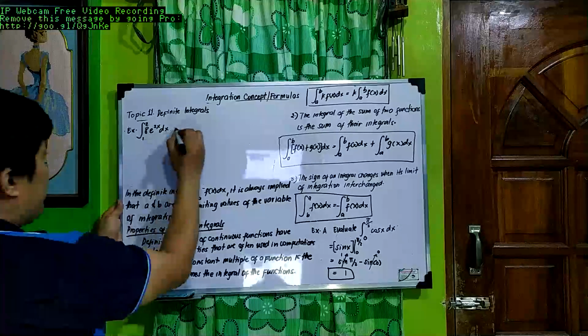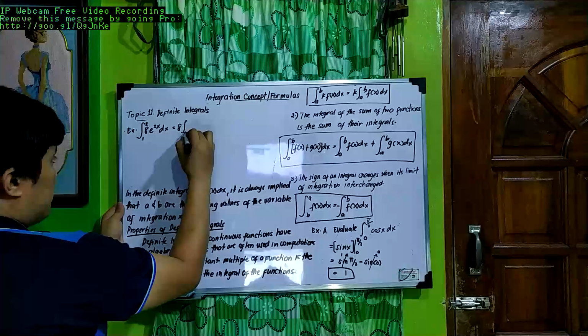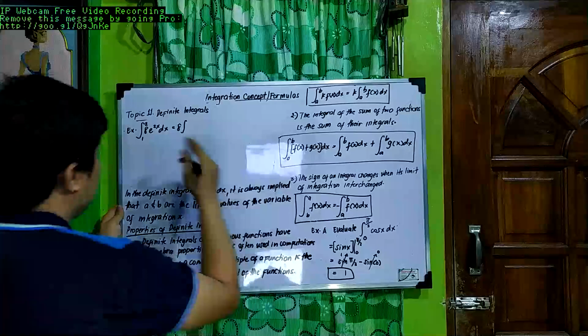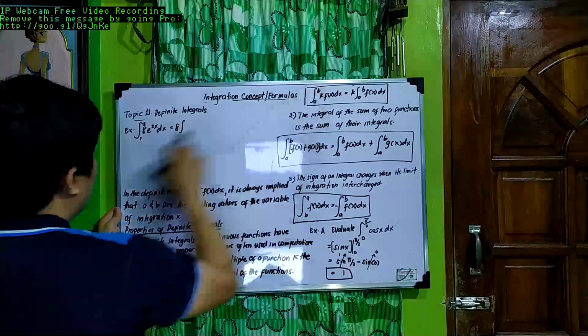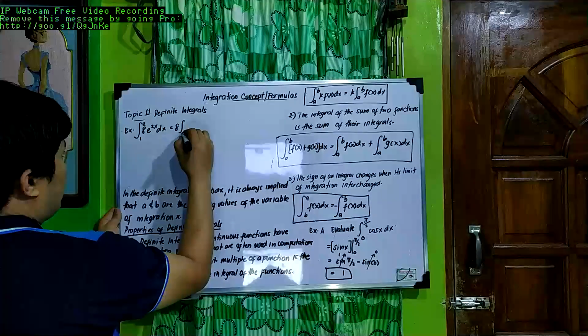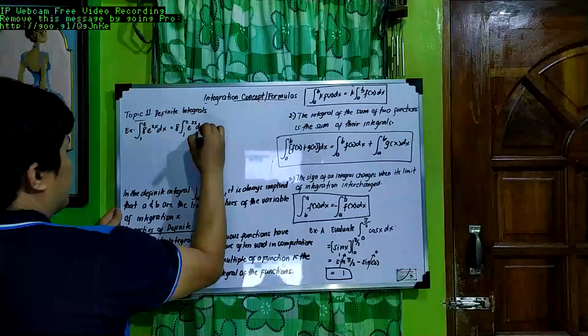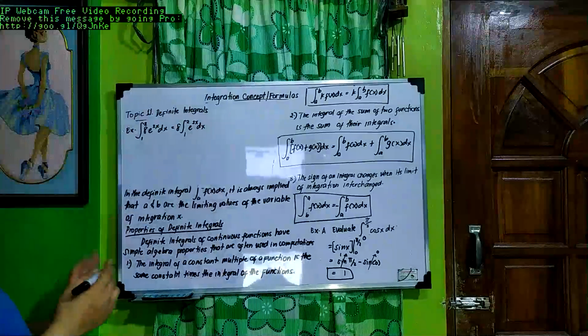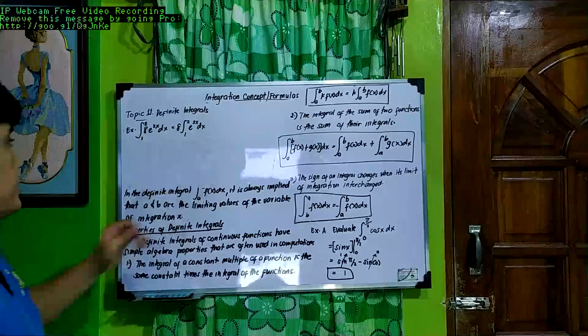So we know here that we need to move the constant outside the integral sign. We have the constant 8 outside the integral sign, times the integral of e raised to the power of 2x dx. In this case, we'll just do the exponential function.